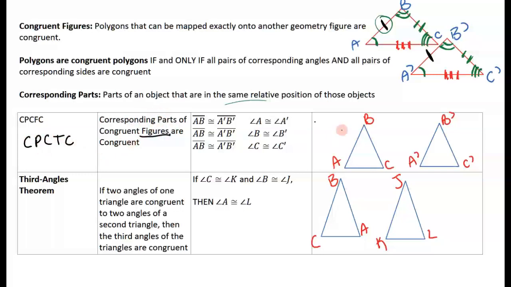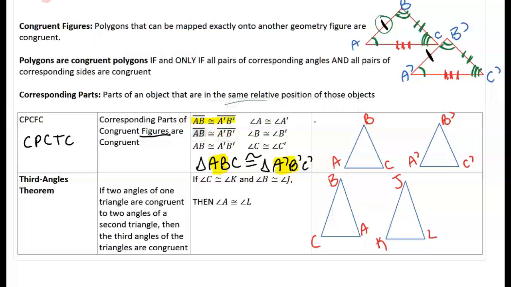So if I'm told, for instance, that triangle ABC is congruent to triangle A prime B prime C prime, then I know that AB, these are the first two of the triangle, is congruent to A prime B prime, the first two of the second triangle.